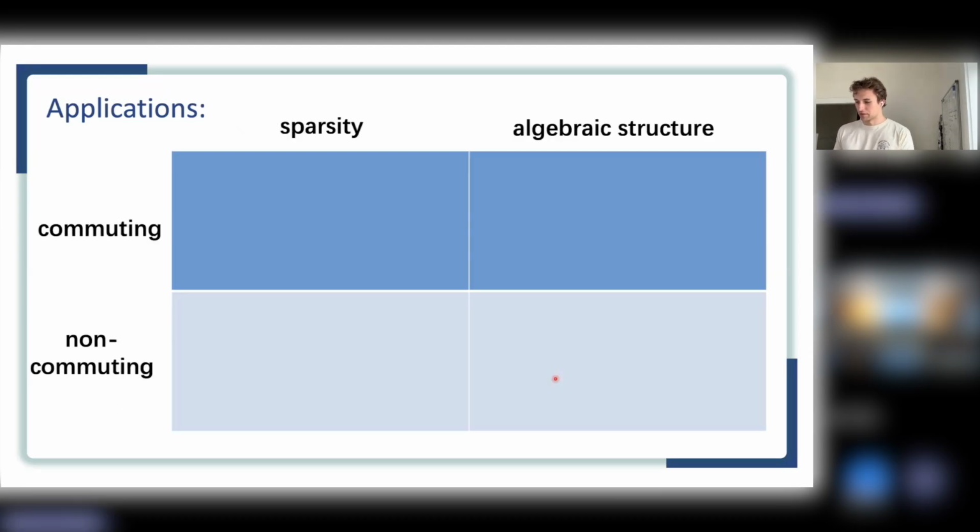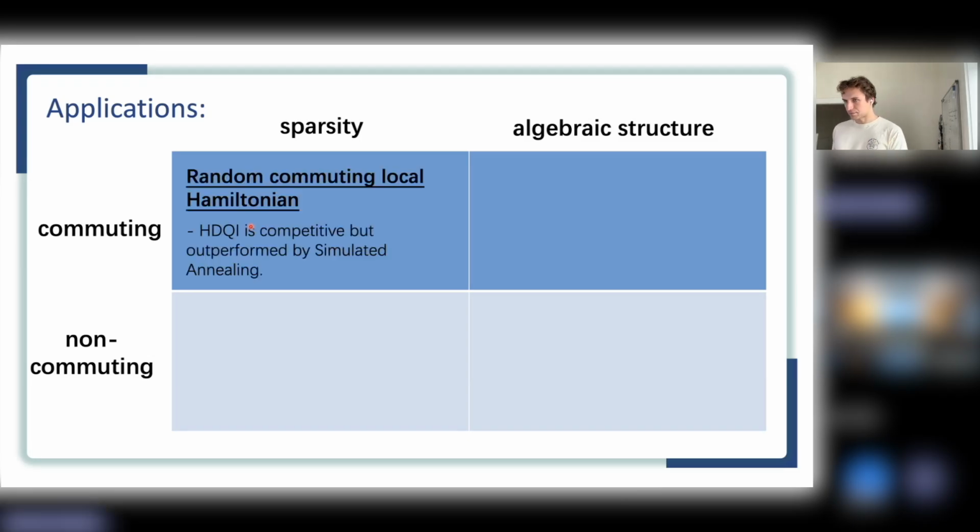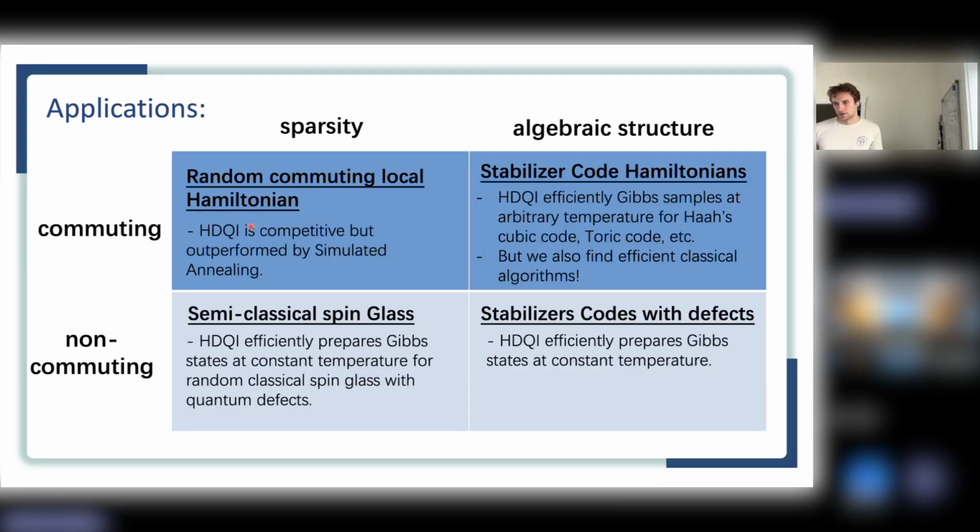But now let's look at specific Hamiltonians. So again, we should enforce some structure, and we could enforce sparsity or algebraic structure. Now we have a second knob which we can turn, which is the Hamiltonians could be either commuting or non-commuting. In the commuting case, we don't have to solve this pilot state problem, so that makes it easier. Okay, so we just give one example in each of these areas.